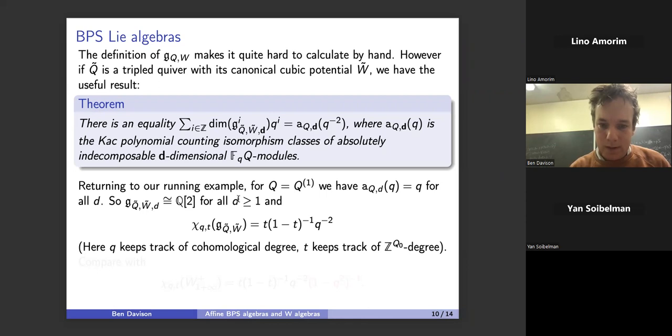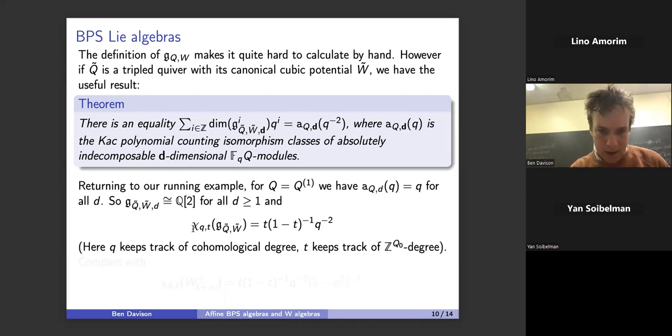So for every d greater than or equal to 1, I have a one-dimensional vector space sitting in cohomological degree -2. When I look at the characteristic function with respect to the bidegree given by cohomological degree and dimension vector degree, I get this formal power series. Using a little bit of wall crossing and using this fact, you can get the MacMahon partition function counting 3D partitions.